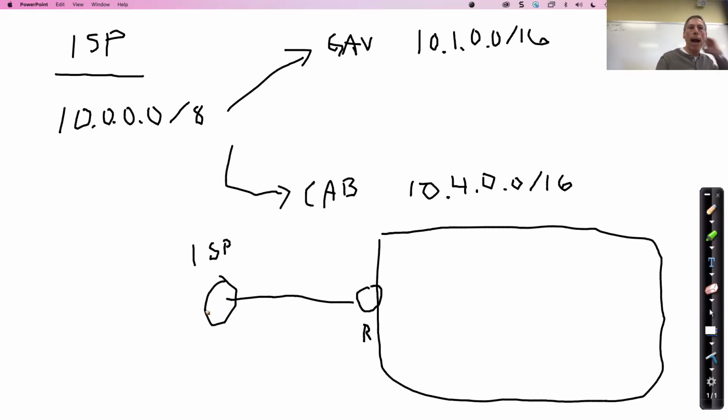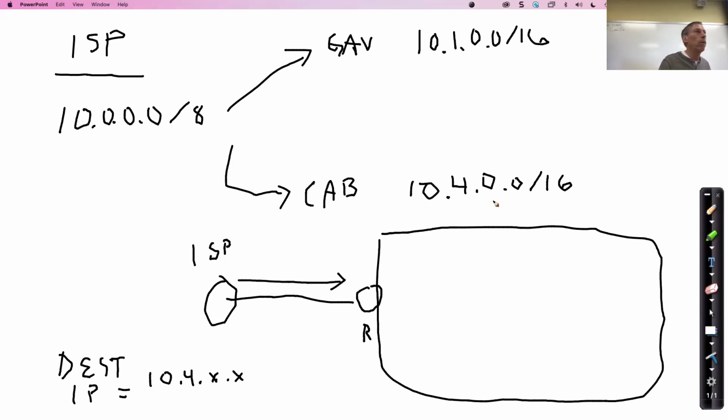They say any packets with a destination IP address that begins with 10.4.anything.anything, they're going to send it to us because that's who has this network. Everybody okay with that? Okay. So let's say we don't subnet. So all of our devices are 10.4.0.0 or 10.4 something something.